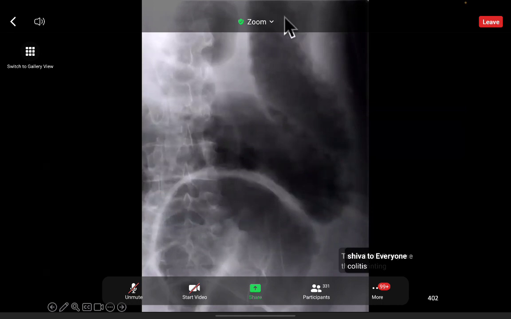And then we've got pseudopolyposis. And pseudopolyposis looks like a polyp, but actually it's not due to a polyp. It's due to something that looks like a polyp, and hence the name pseudopolyposis. This is actually a patient who's got ulcerative colitis and pseudopolyposis.